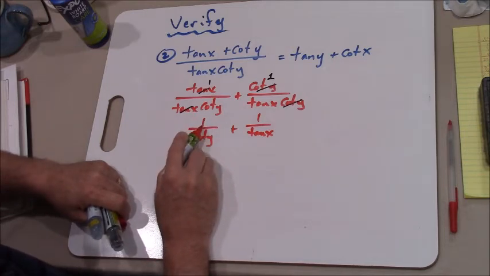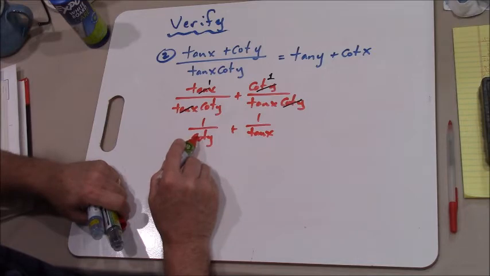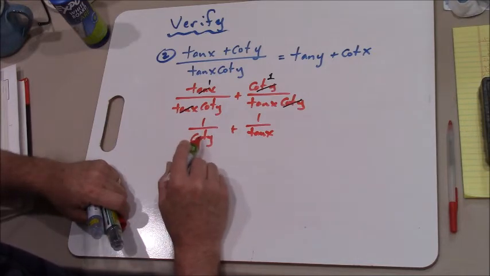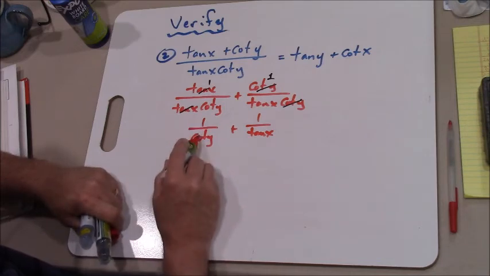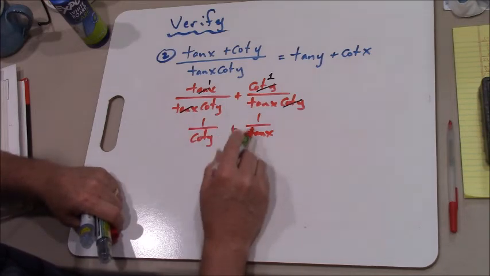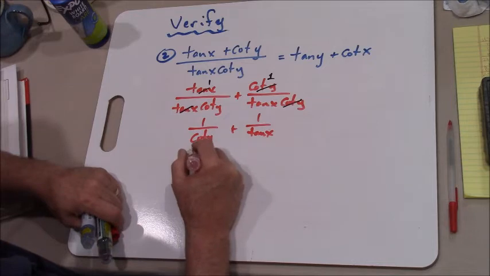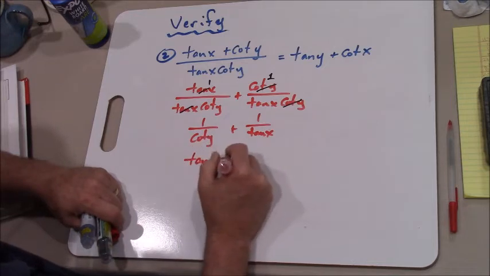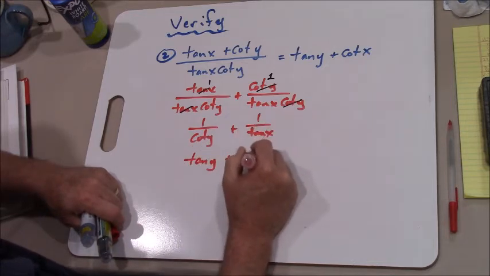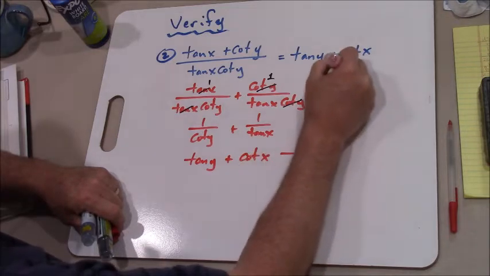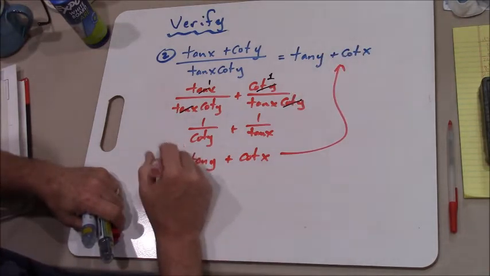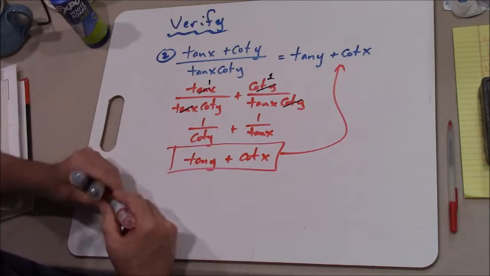If we go back and look at our basic identities, these are our tangent and cotangent reciprocal identities. A tangent equals 1 over a cotangent, and a cotangent equals 1 over a tangent. So I could just call this tangent y plus cotangent x, and there it is. That's what I was looking for.